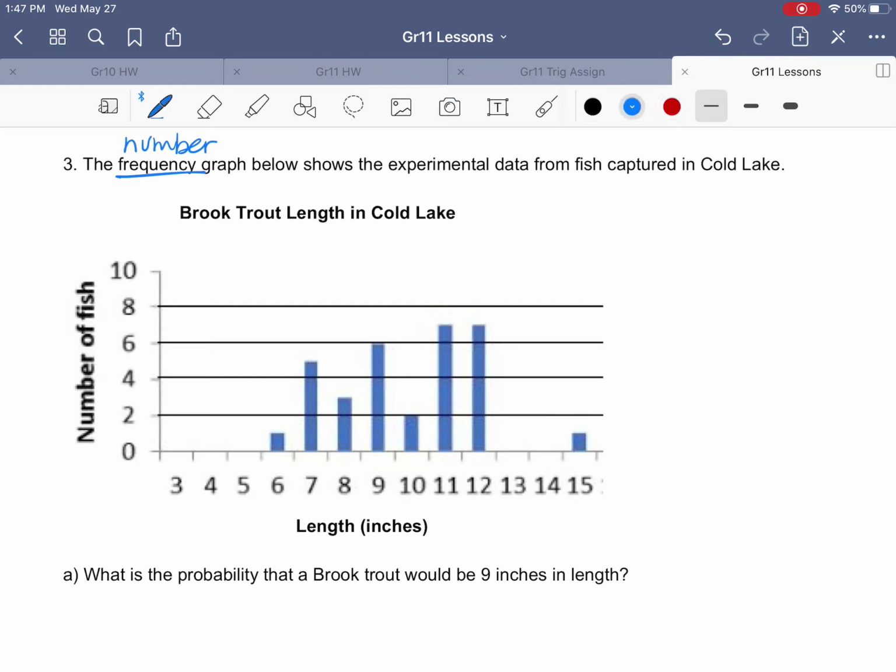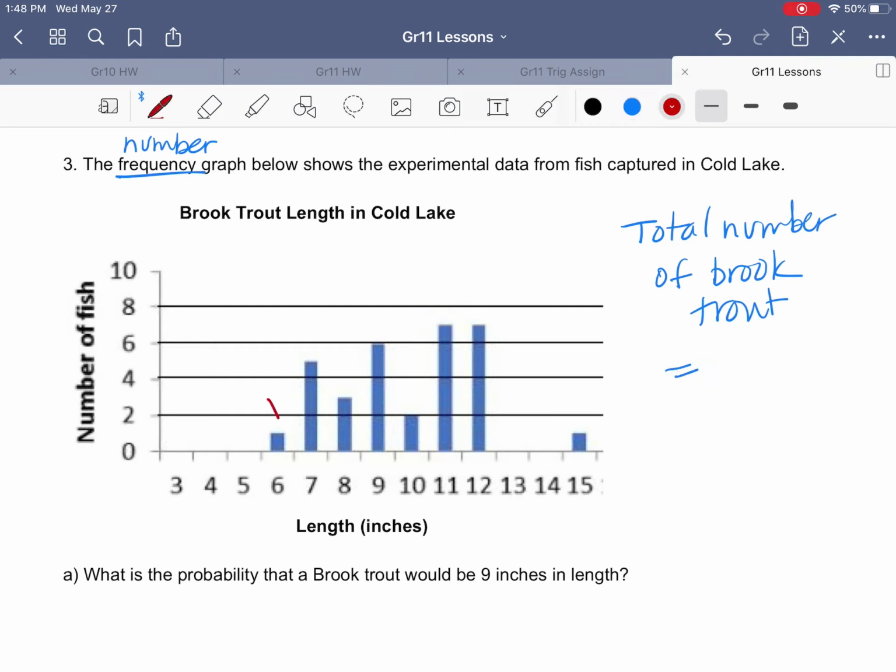Well, the first thing we need to do is figure out the total number of fish that were captured. We can't do part A until we figure that out. So total number of fish, brook trout, and that means we have to count.